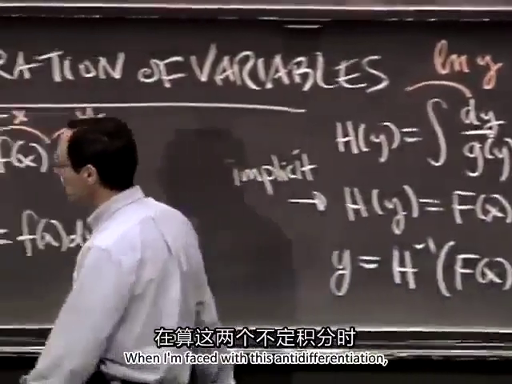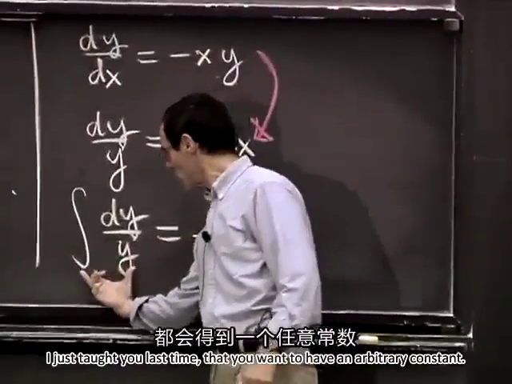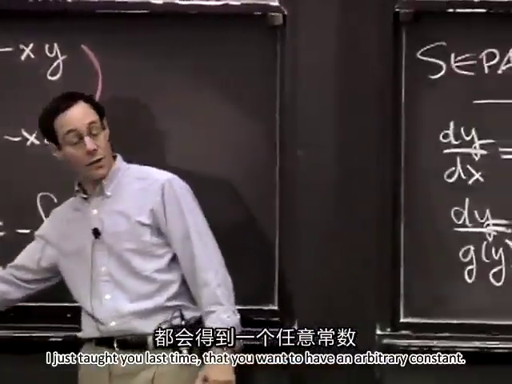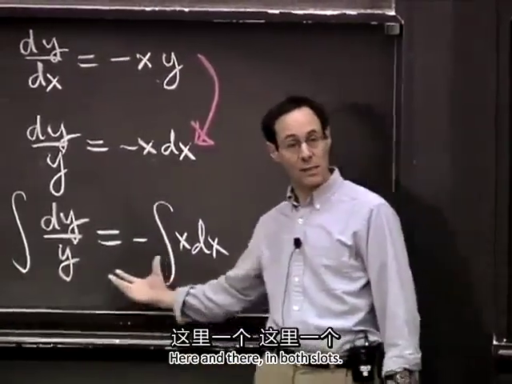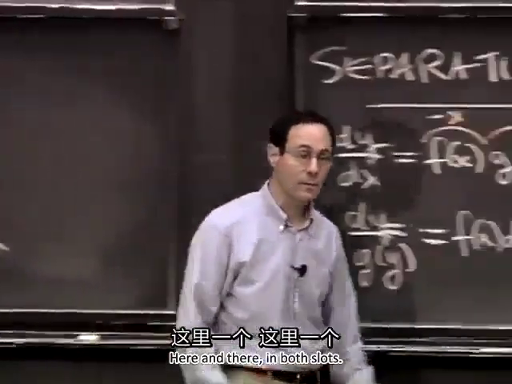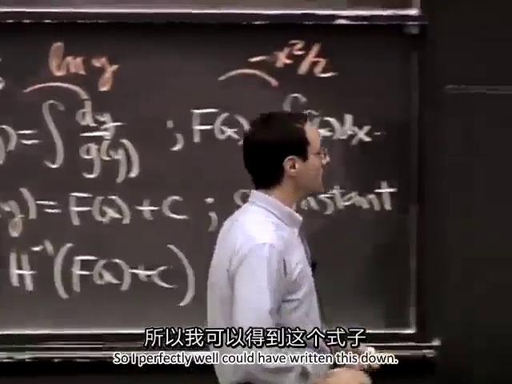When I'm faced with this anti-differentiation, I just taught you last time that you want to have an arbitrary constant here and there in both slots. So I perfectly well could have written this down.